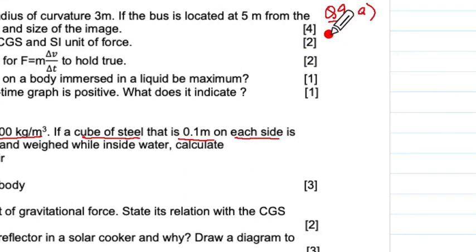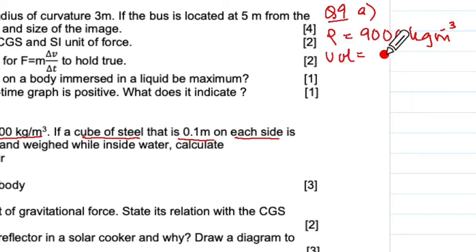Now we have been given the density of the cube is 9,000 kg per meter cube. The volume of the cube is going to be equal to 0.1 meter whole cube. So that will be 0.001 meter cube. There will be 3 places of decimal here.